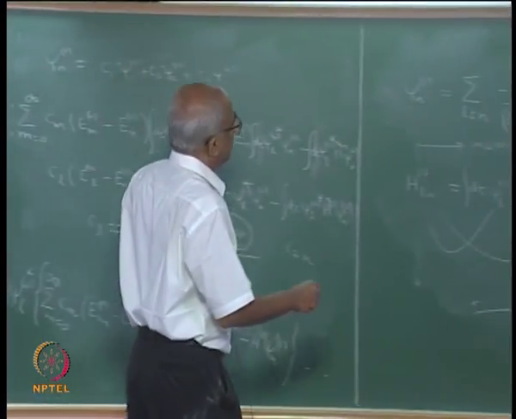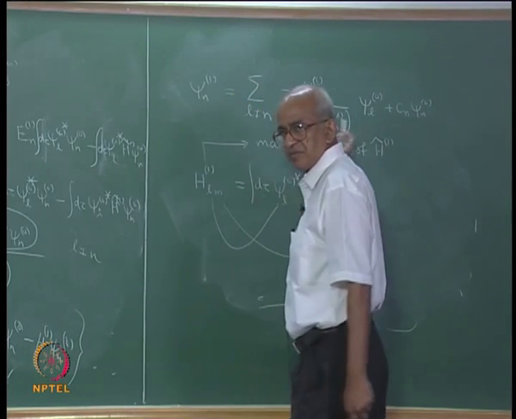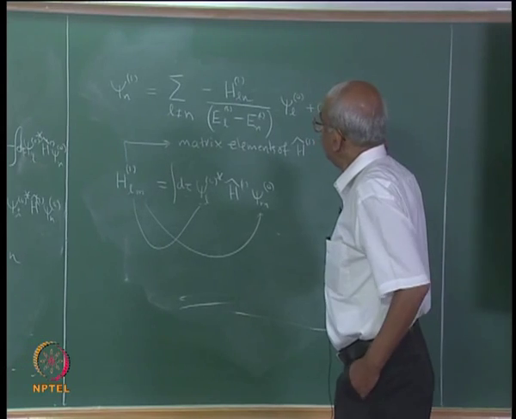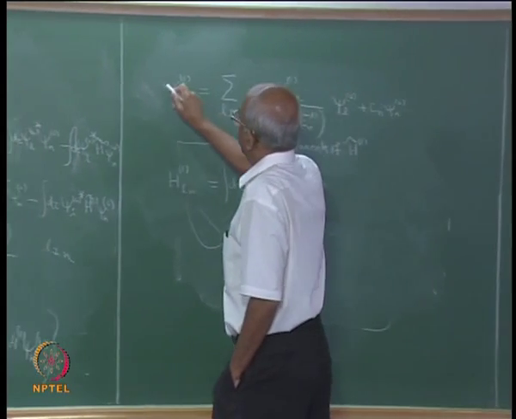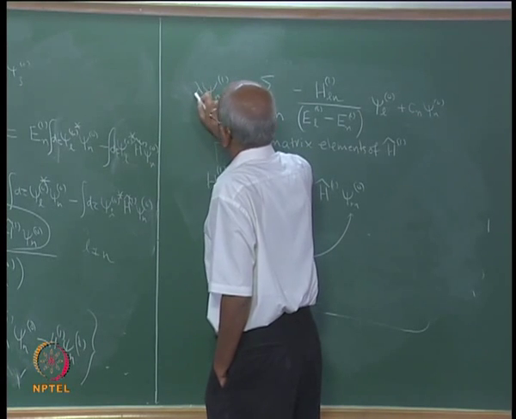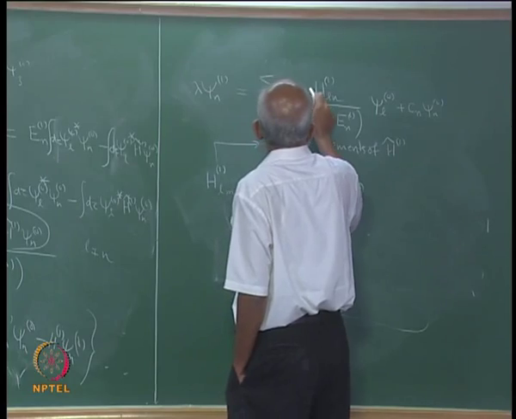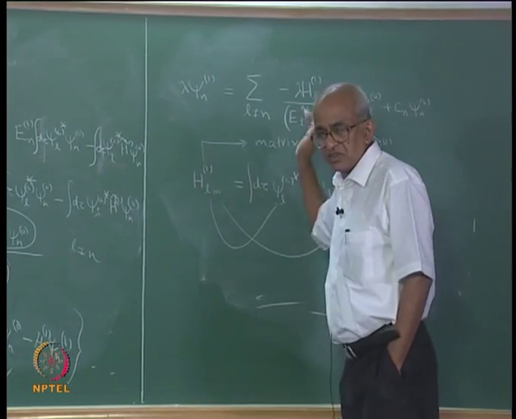What is the total wave function? This is only the correction to the wave function. Actually, strictly speaking, I should also add a lambda to say that this is the correction, and that actually means I would have a lambda here, that is all. So, therefore, this is my first order correction to the wave function.